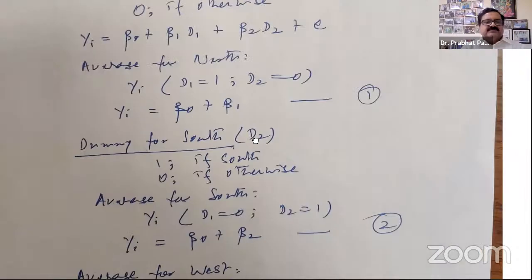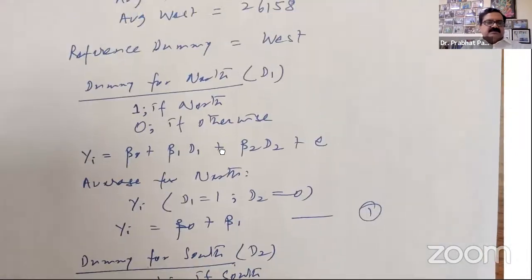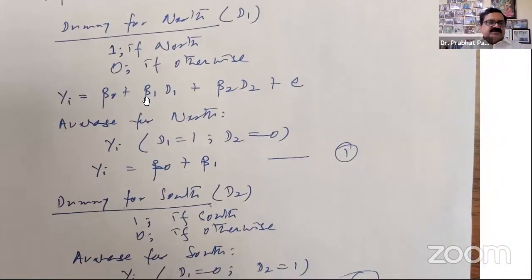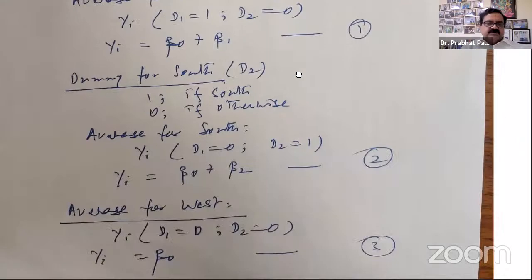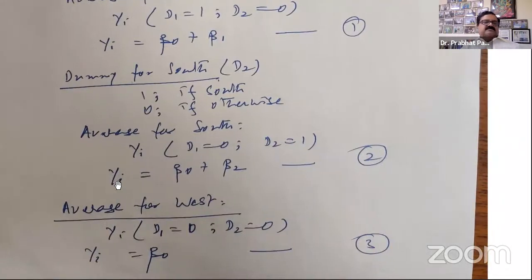In the same regression equation, if you put D1 equal to 0 and D2 equal to 1, you'll be left with beta 0 and beta 2. So the equation for the average salary is going to be beta 0 plus beta 2. So that's the average for the south.